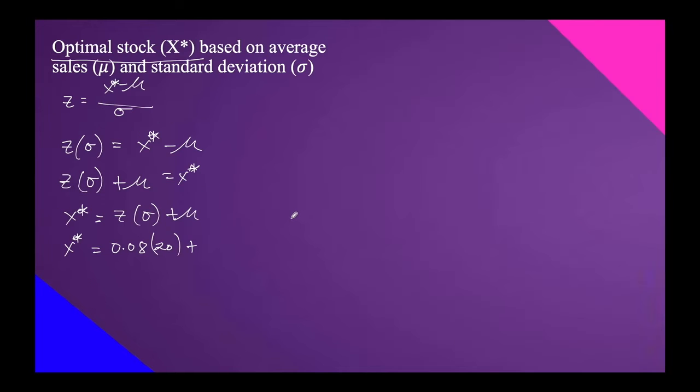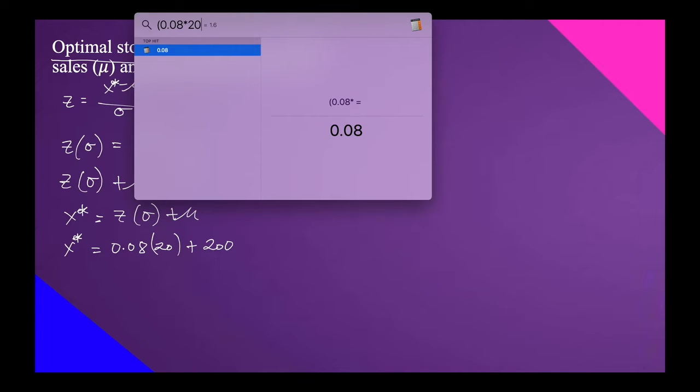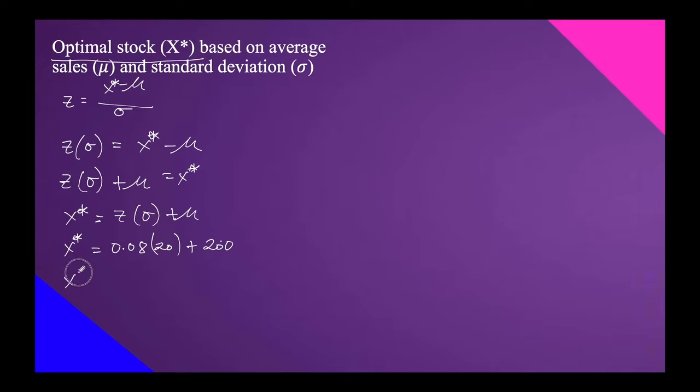So, let's have here 200. Okay, if you compute this in your calculator, let's have my go-to calculator. Plus 200. We will be having an answer of 201.6.